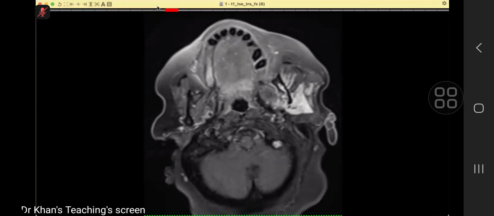Okay, so let me go through it. This was a masticator space hemangioma, and people who have written in the chat are absolutely right.